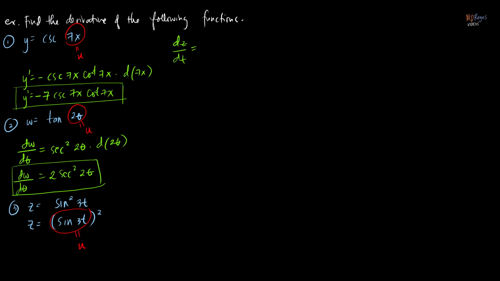Using the general power rule, what we do is bring down the exponent, copy the base, subtract 1 from the exponent, so the exponent 2 becomes 1, times the derivative of the base. The base is sine of 3t, so it's in the form sine of u. So it's 2 sine of 3t times the derivative of sine of 3t.